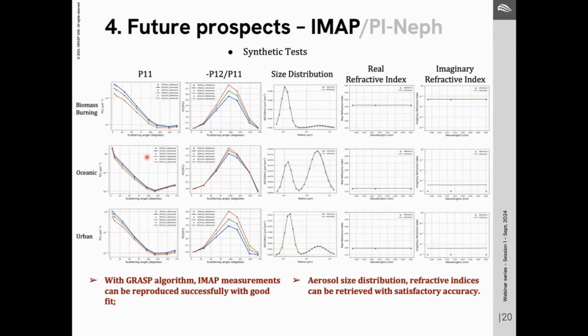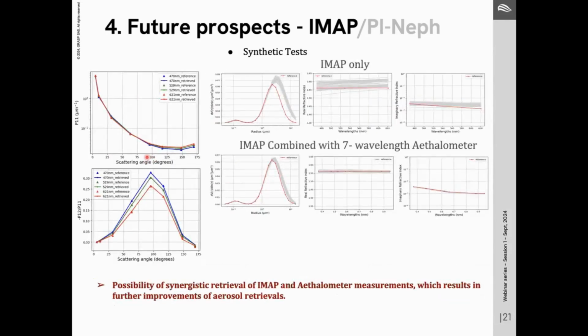And we also performed some synergy retrieval between IMAP and a nephelometer. The nephelometer is an instrument that can measure the aerosol absorption for different wavelengths. And with GRASP, we can do the synergy retrieval between different instruments. And this may bring even extra improvement for the aerosol retrieval, as we can see from the result here.